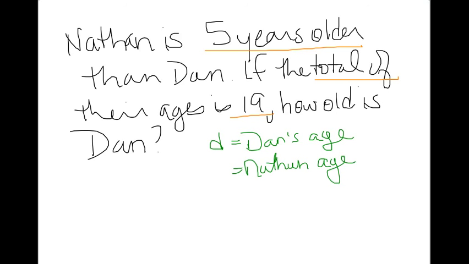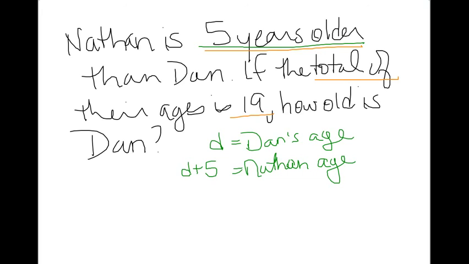So I don't want to call this N because I can't solve an equation with two variables. So Nathan's age, well, Nathan is 5 years older. Older. That makes you think addition, hopefully. So D plus 5 equals Nathan's age.